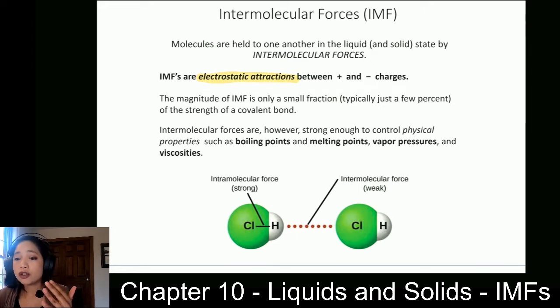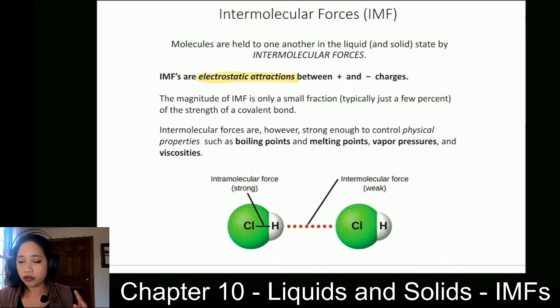The strength of intermolecular forces, forces between molecules, is much weaker than an actual chemical bond that holds a molecule together. So intermolecular forces are weak in comparison to bonds, but their strength is still important enough that it can dictate some physical properties of matter.